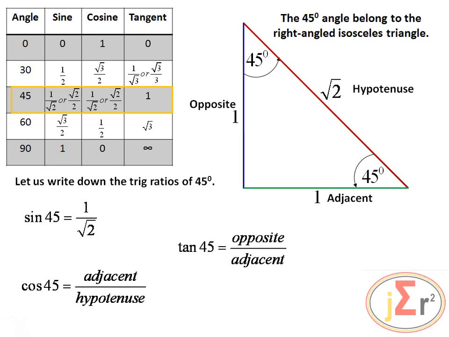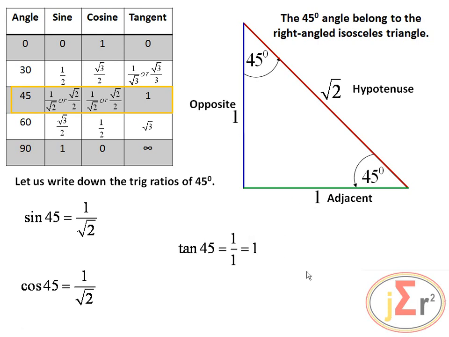The opposite and the adjacent are equal to 1. 1 over the square root of 2 again. What about the tangent? The tangent is opposite over adjacent. 1 divided by 1, and that is equal to 1. So tan of 45 degrees is equal to 1. Good.